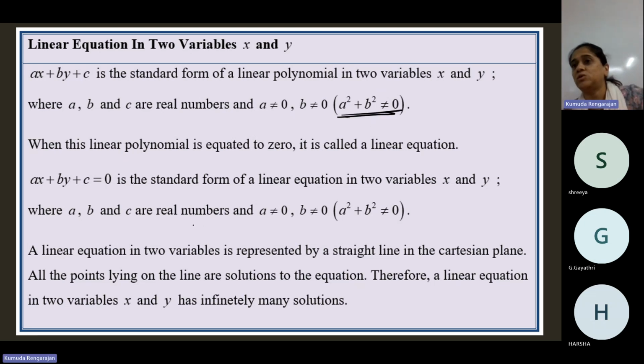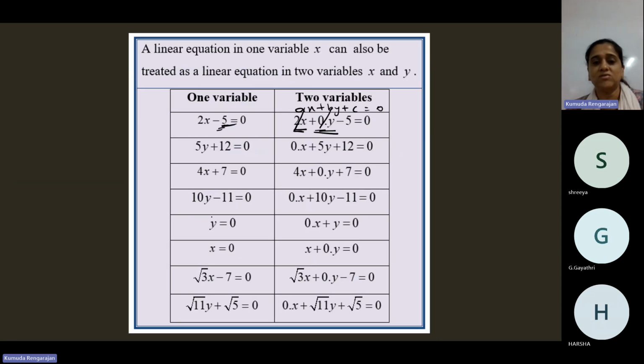See, A is 2, but B is 0. Here, B is 5, but A is 0. Here, B is 0, A is not 0. Here, A is 0, B is not 0. So like that.